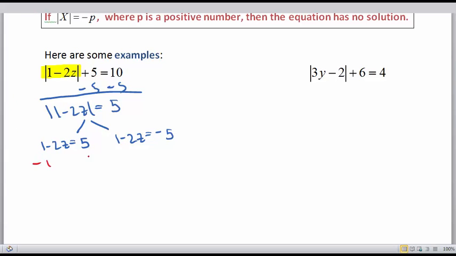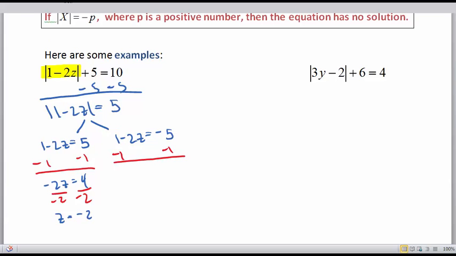I'm going to subtract 1 from both sides. So I have negative 2z equals 4, and then I would just divide by negative 2, and I would end up with z equals negative 2. And in the other one, I'm going to do the same steps. I'm going to subtract 1.